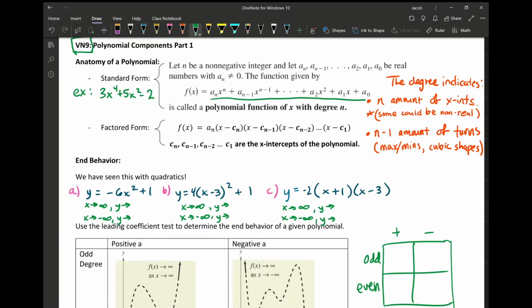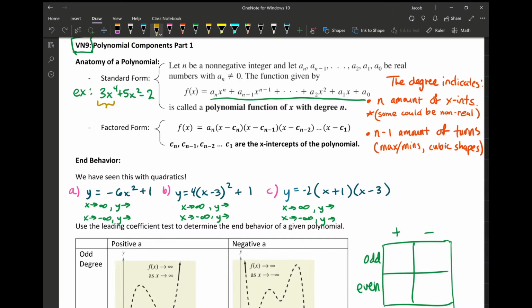So we've got decreasing degrees when we start with the leading term being 3x to the fourth. So that's going to be the form you most likely will see these polynomials in.